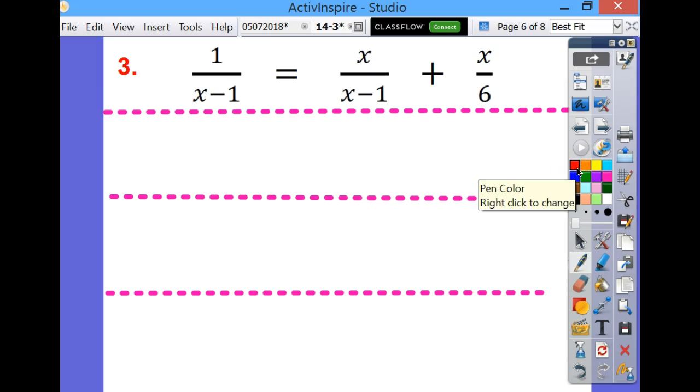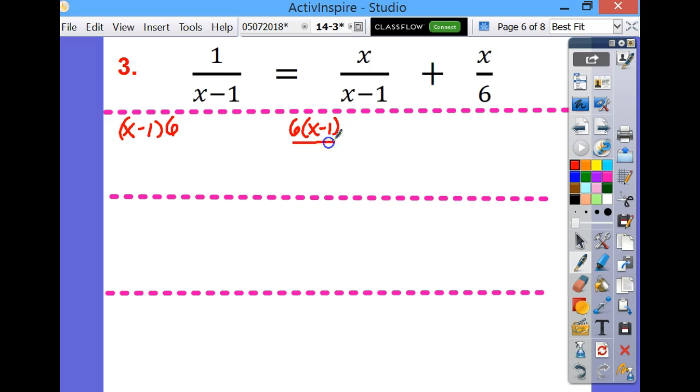Okay, now I need to find the common denominator. The first denominator is x minus 1. The second denominator is x minus 1, but I already have that. The last denominator is 6. That is the least common denominator.